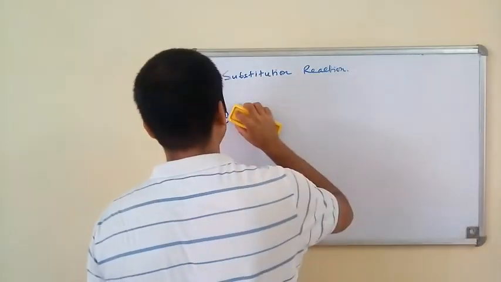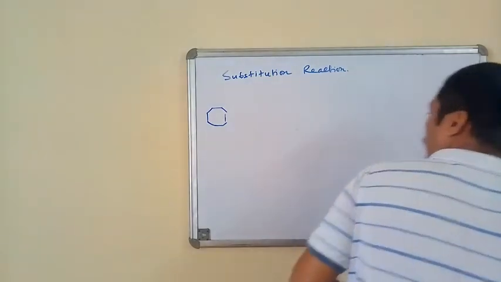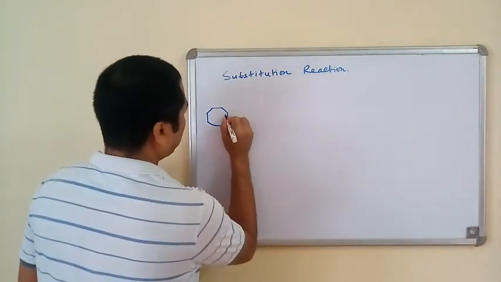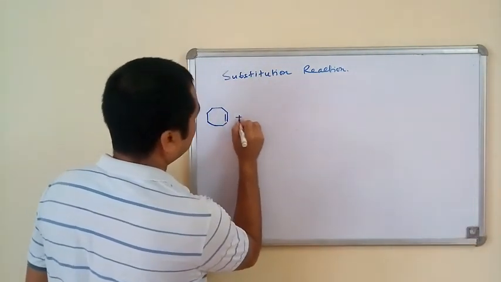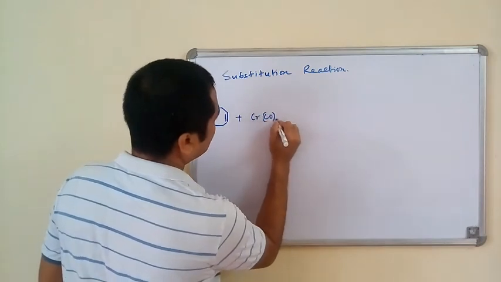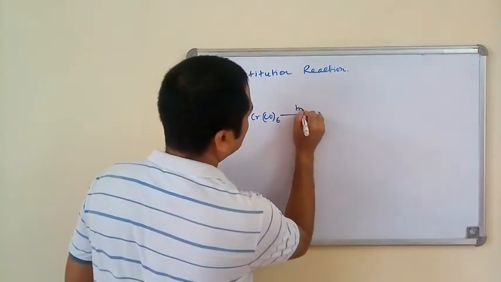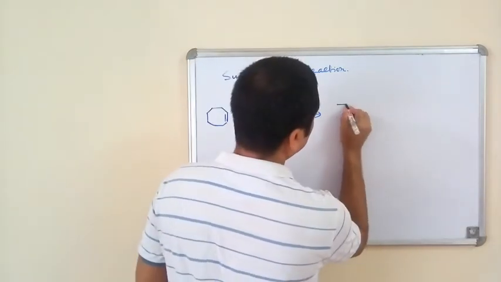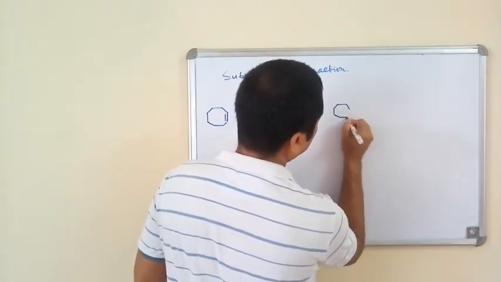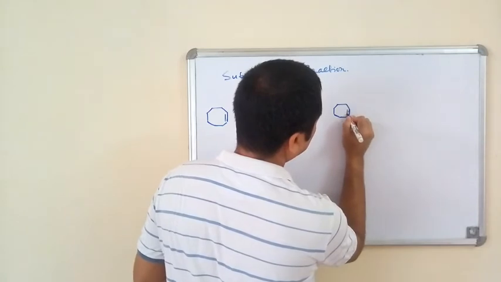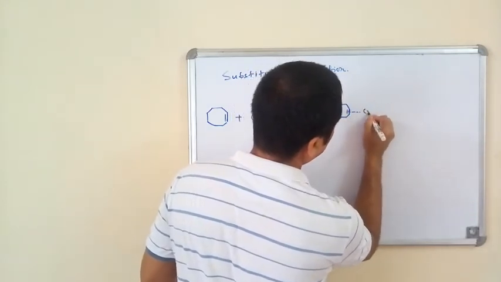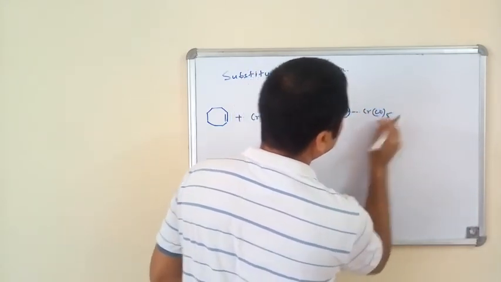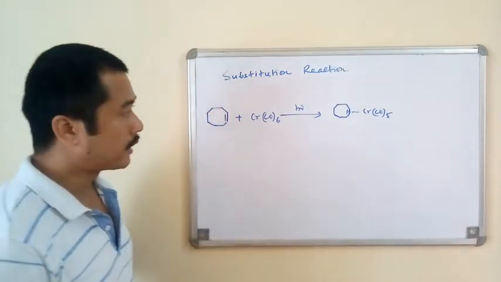So this is a cyclooctene ligand, an olefin, and if you do the reaction with chromium hexacarbonyl under light irradiation, then you replace one of the carbonyl ligands by the cyclooctene ligand here.